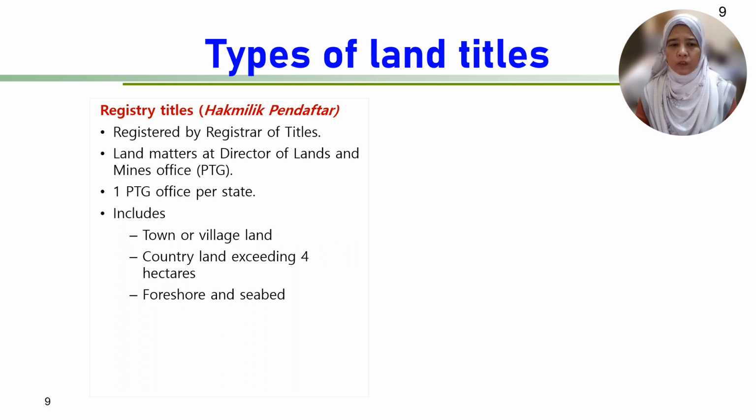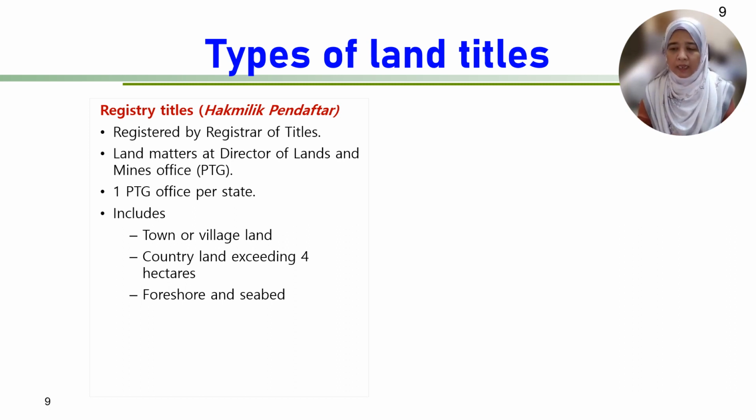And this includes town or village land. Okay, tanah bandar and tanah pekan are automatically under registry titles. So you do the title search at PTG for town or village land. Now, for country land exceeding 4 hectares, okay, that is also under registry title. So big parcel of land, big parcel of tanah desa, big parcel of country land. 4 hectares is equivalent to 10 acres.